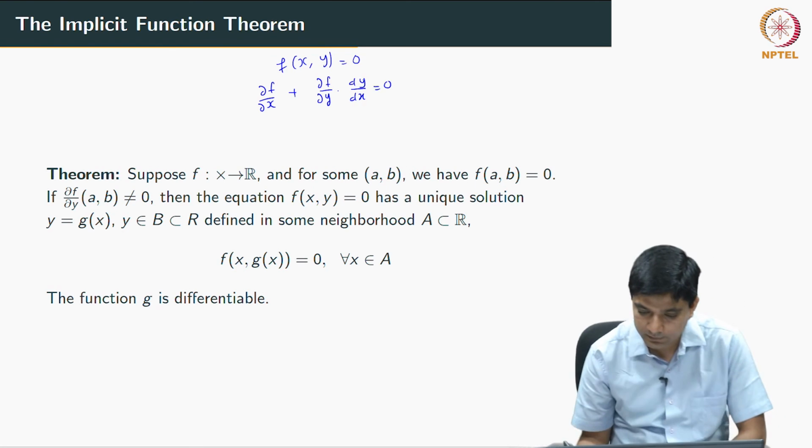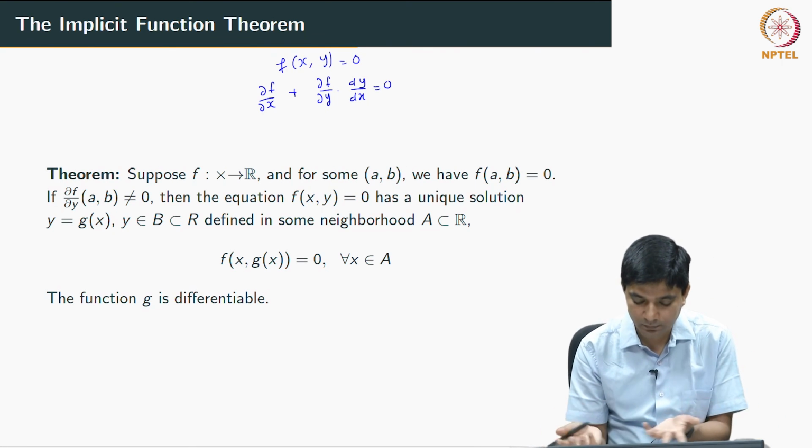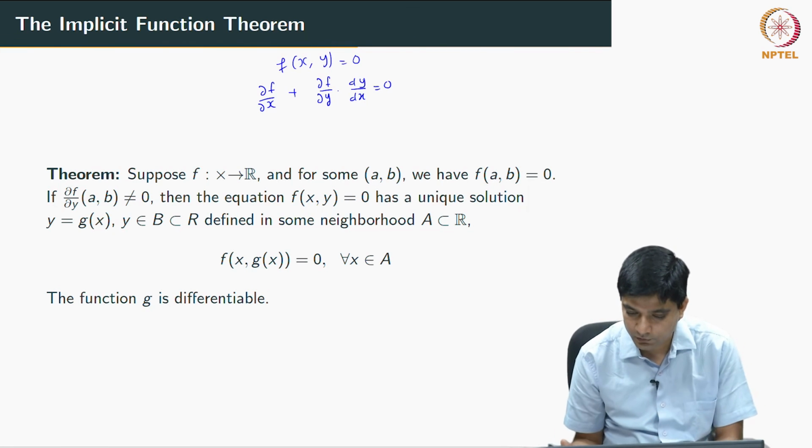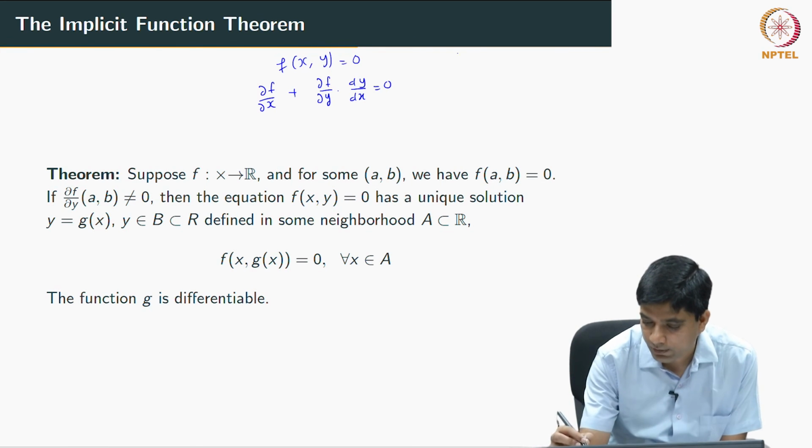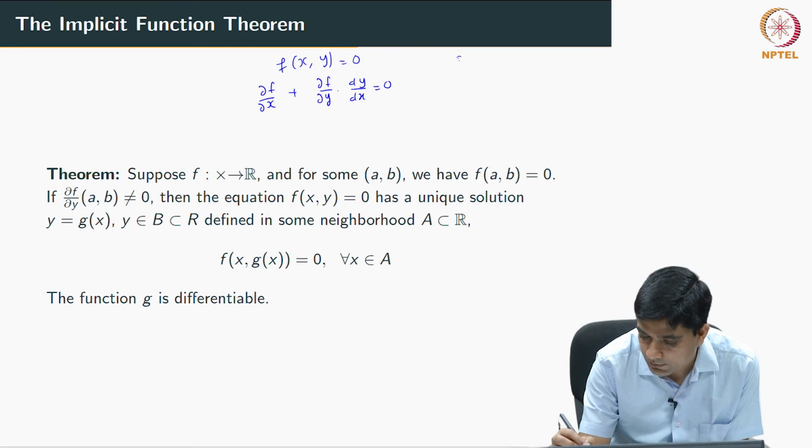So I am just writing a very simple, crude version of what I am trying to say. So I want to write y as a function of x, or can I solve for y as a function of x?